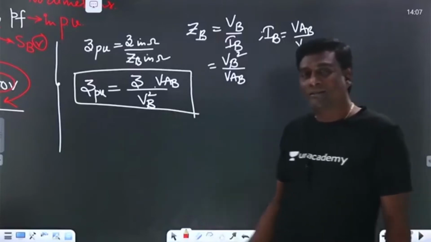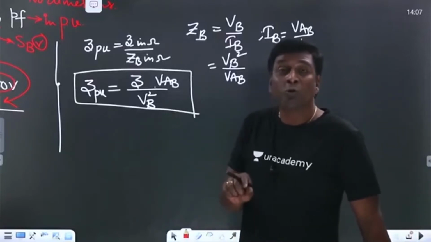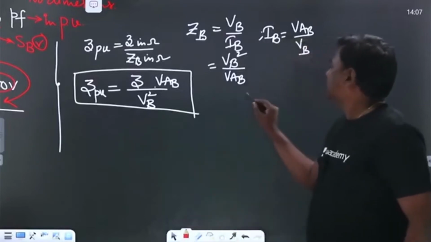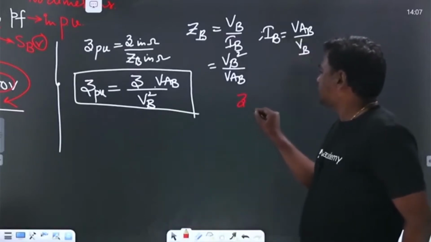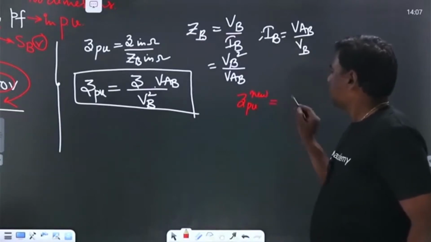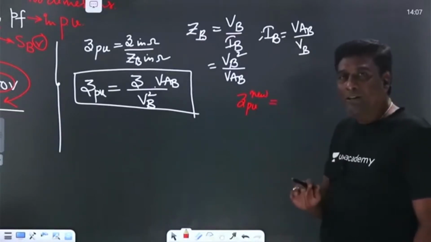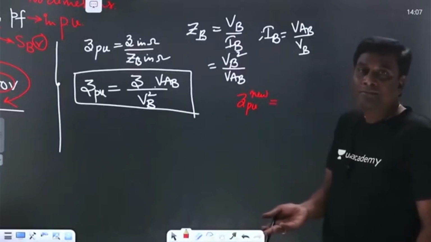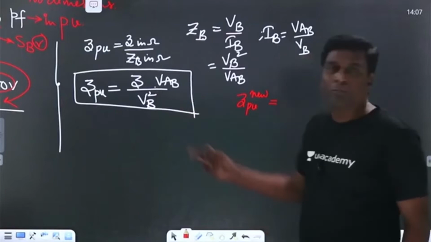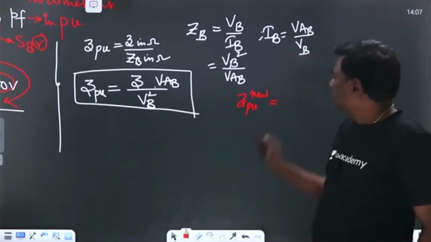Under those conditions, Z per unit old may have to be converted into Z per unit new. Now, if I think of Z per unit new, it is very simple: take Z per unit old, convert it into impedance and use the same formula, problem solved. Now, how much is the impedance?